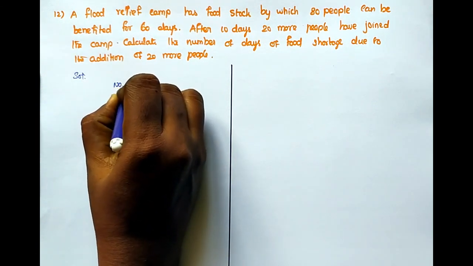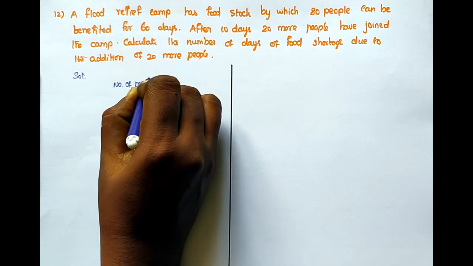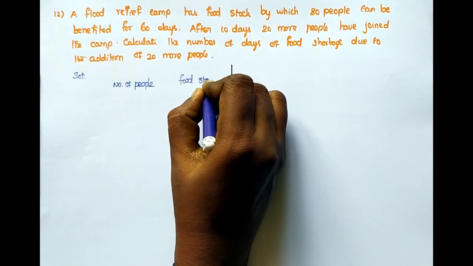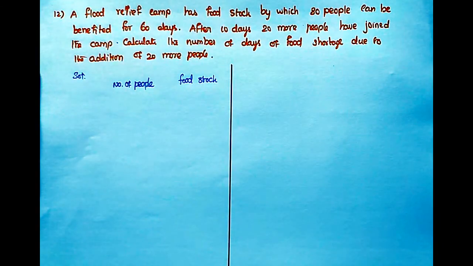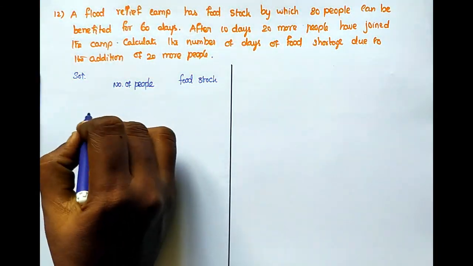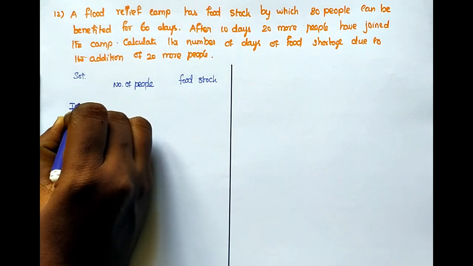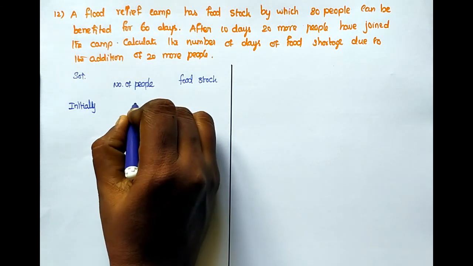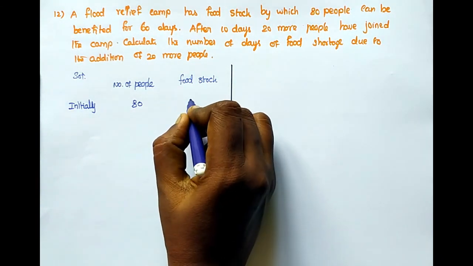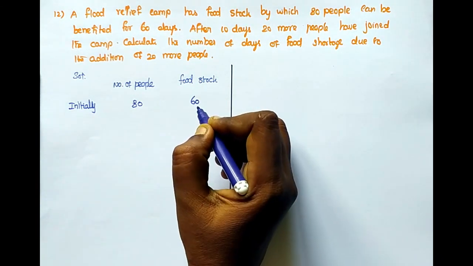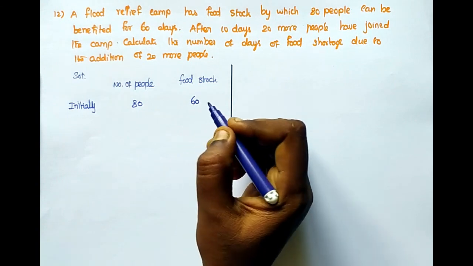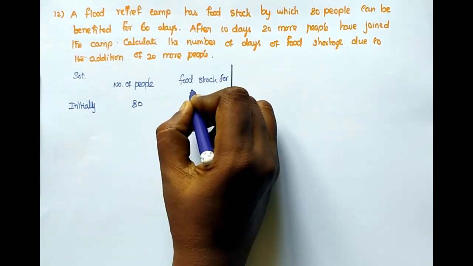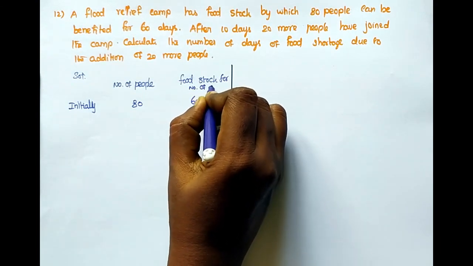Number of people, food stock. Initially how much? Number of people 80. Food stock for 60 days. Food stock for number of days.